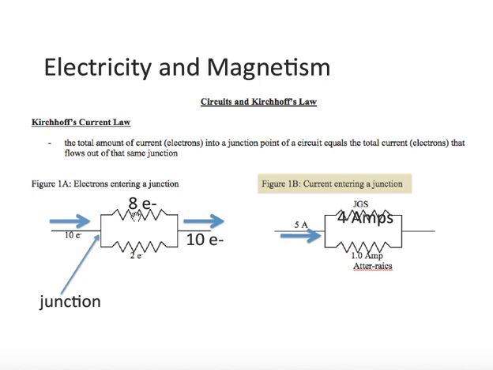Just like electron number added, so does current. 4 amps plus 1 amp has to equal 5 amps. And ultimately at this point, there is also 5 amps. So similarly, as electron number has to add up to 10 in this case, 4 plus 1 has to equal 5. These are the laws that Kirchhoff came up with in relation to current.